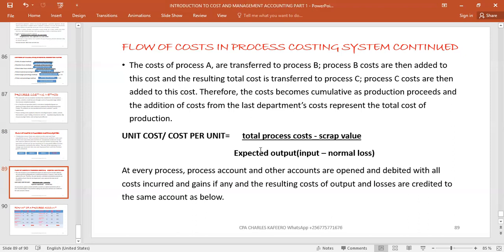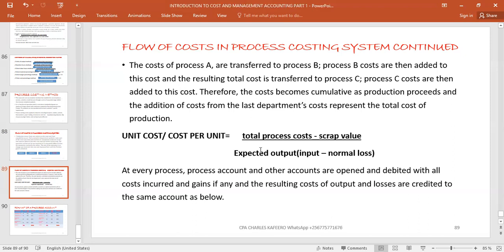So when those normal losses have occurred, and we can get some money out of the sale of those normal losses, we call that scrap value. That scrap value comes as a result of the normal loss in units multiplied by what they are paying us.